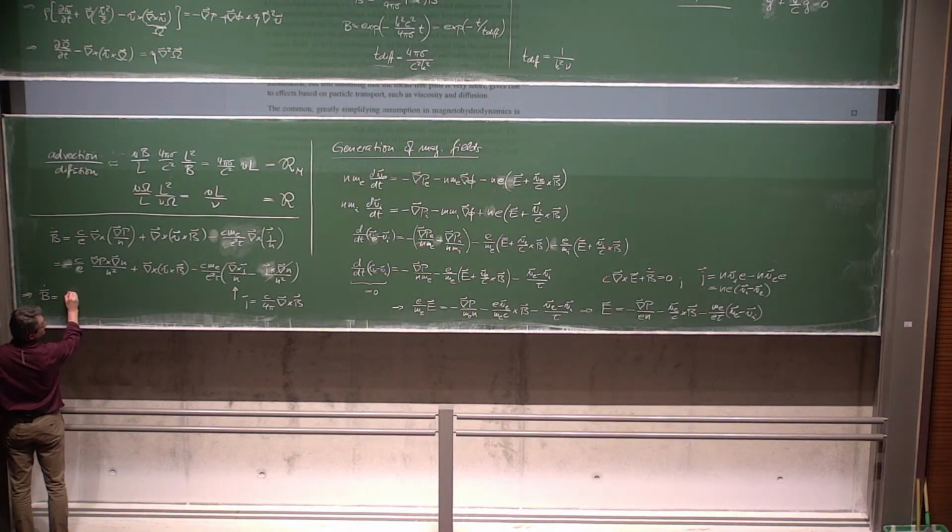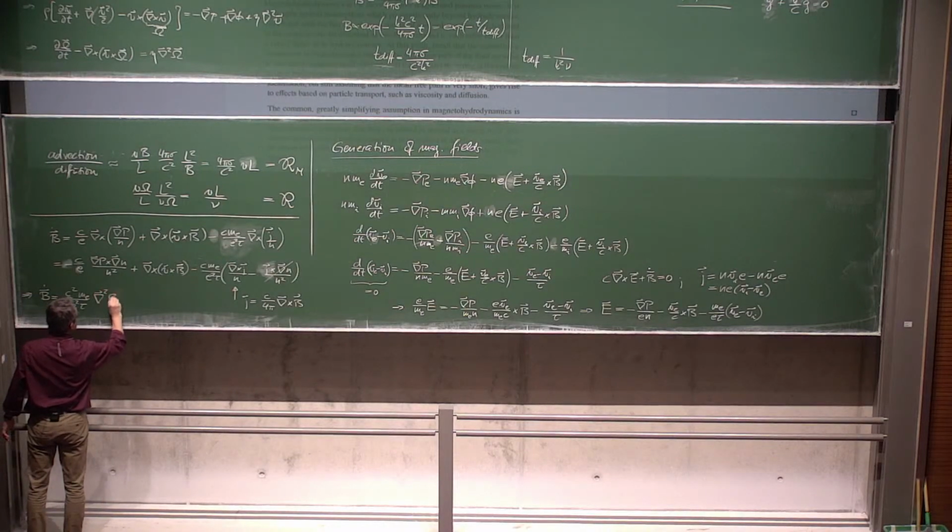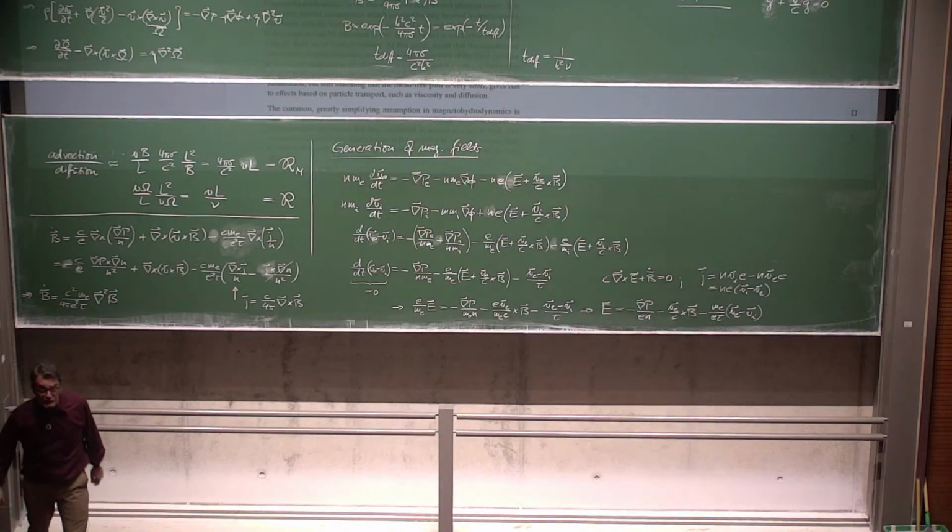So we'd get c squared over 4 pi e squared tau m_e, some constants, times now plus Laplacian B. Here we have our diffusion term back.